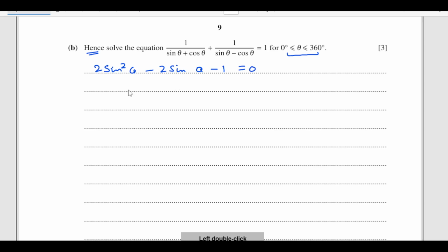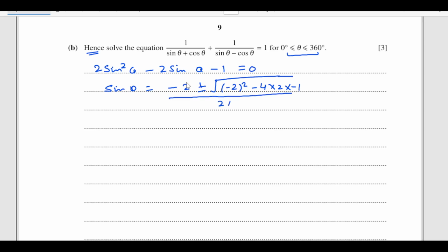So this is a quadratic in sine, so we will use the quadratic formula. Sine theta is equal to minus b, which is 2, plus minus the square root of b squared, that is negative 2 squared, minus 4 times 2 times negative 1, over 2a. Our a is 2 here, right?